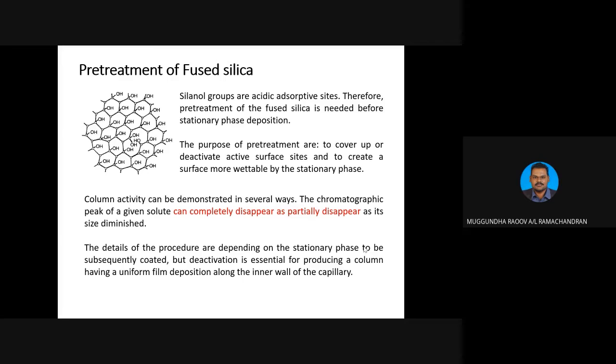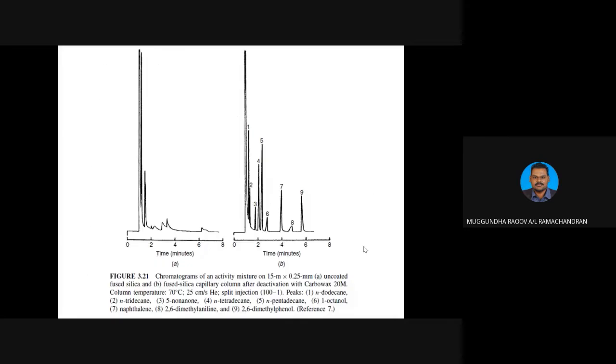That is the purpose, class. It is just to make the active sites deactivated, so that there is more surface to cover and the surface is more wettable by the stationary phase. That is the main purpose. So here, class, chromatograms of the activity mixture of uncoated fused silica and coated fused silica after deactivation with Carbowax 20M.